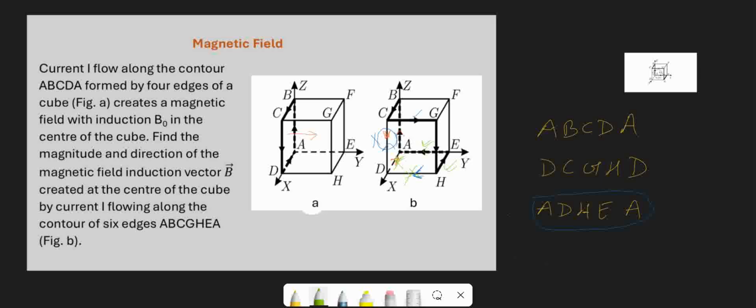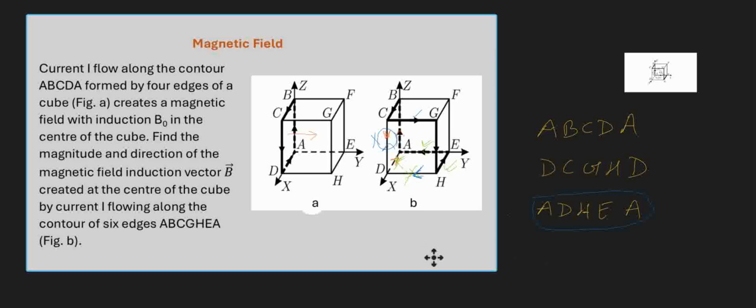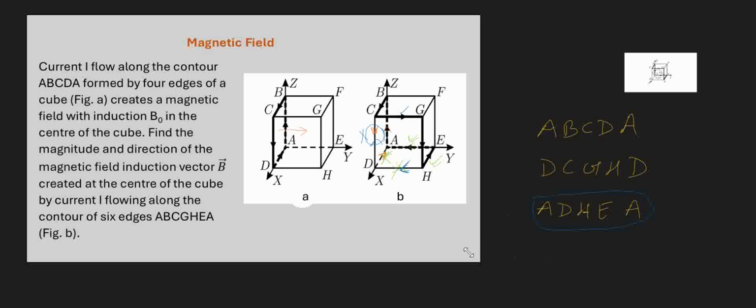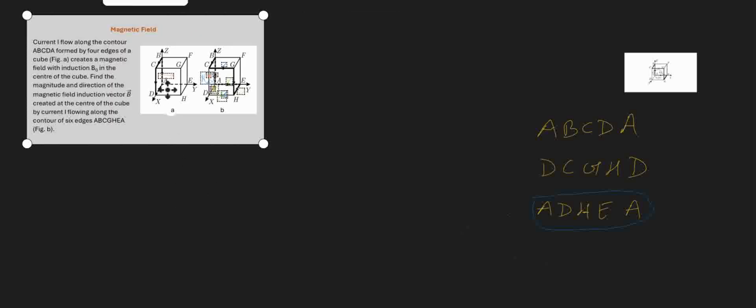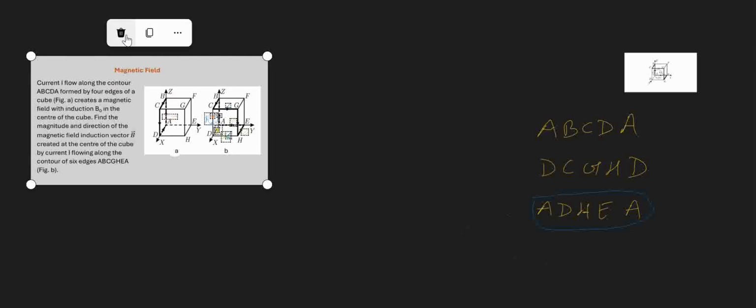And we know that each of these currents creates a field B naught at the center of the cube, and I would like to show a new picture to take these things into consideration more closely.